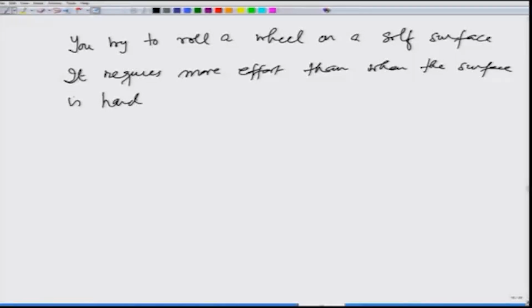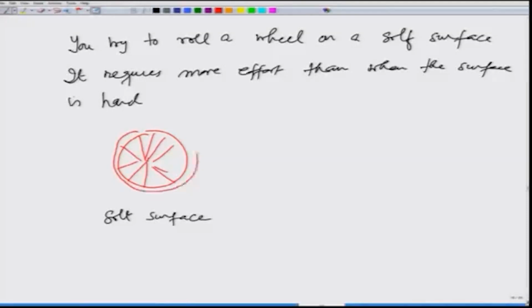What is the difference between the two surfaces? Let us look at soft surface. What happens on a soft surface? If there is a wheel on the soft surface, then the surface deforms.